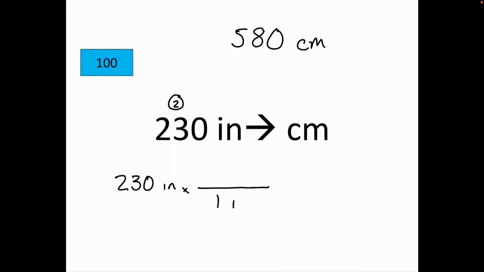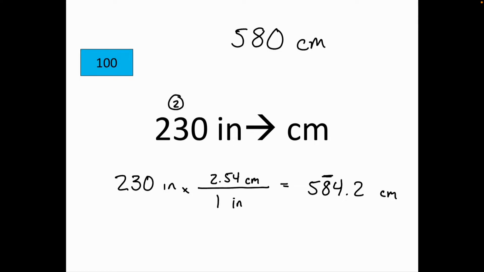That tells me that 1 inch is 2.54 centimeters. I punch that into my calculator, I get 584.2. My units would be centimeters, but then I have to round to the second sig fig here.